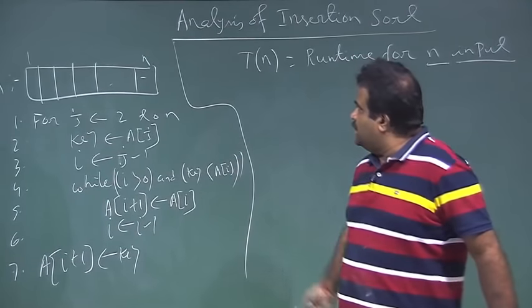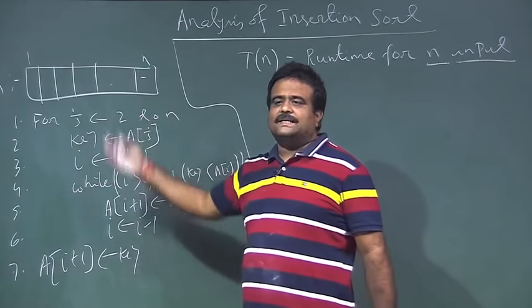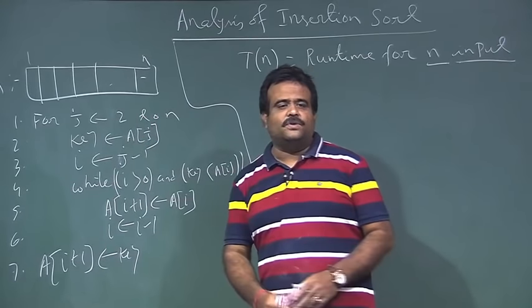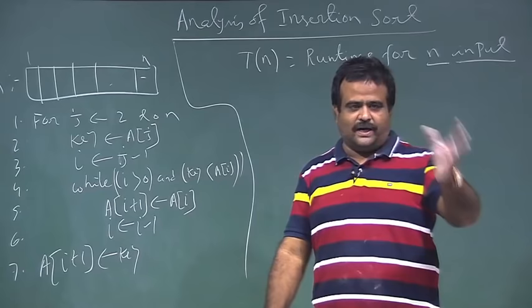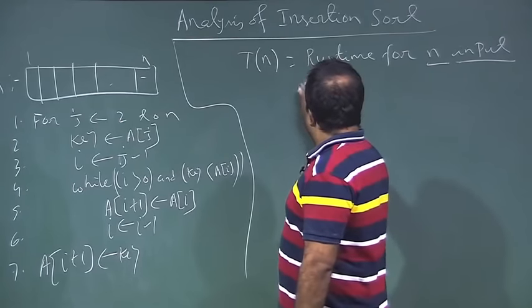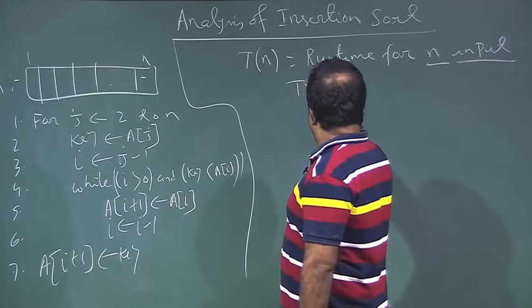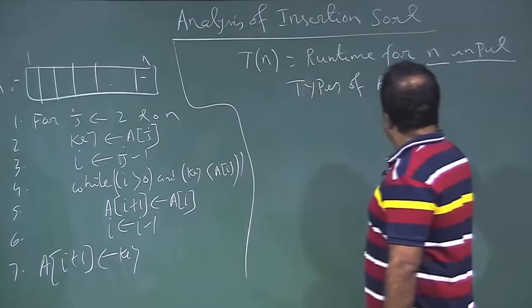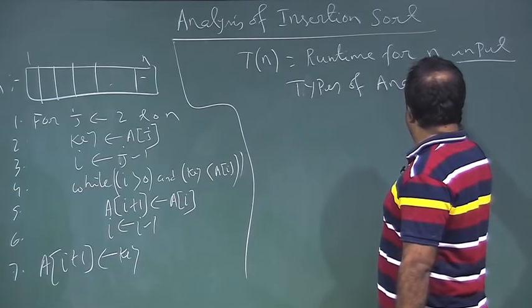If we have an already sorted array, it will take less time than if we have a reverse sorted array, which will take more time. So these are the types of analysis. Three types of analysis we will do.